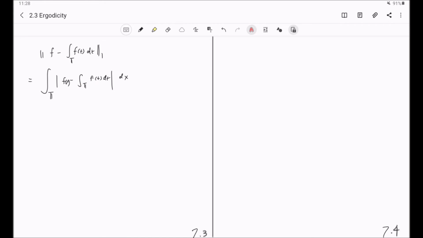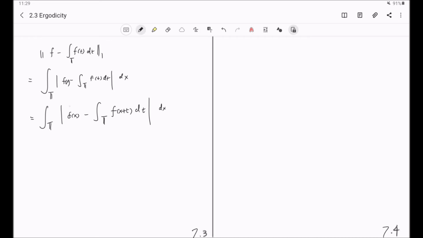Now we do something with this integral. What we are going to do is change this t to x plus t. So let me write this down again. By change of variable, we change the integrand in this small integral from f of t to f of x plus t, still integrated over the circle. And because the measure of this whole circle is 1, and this is a constant, we can always change the constant to an integral.